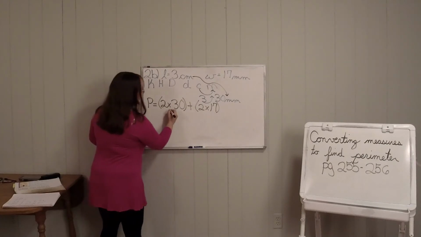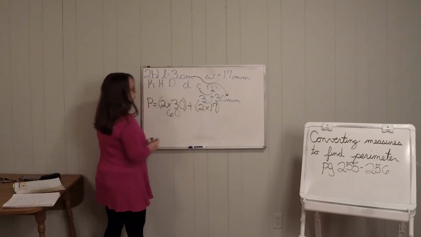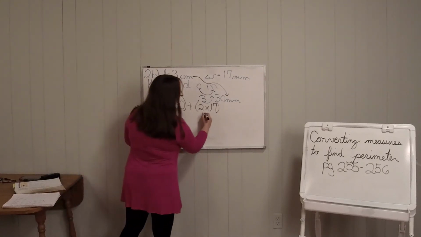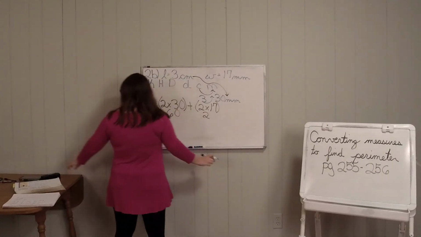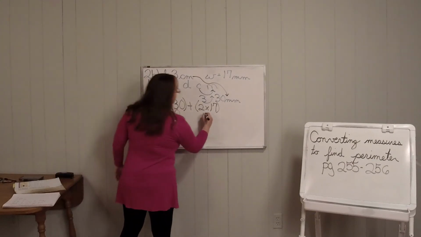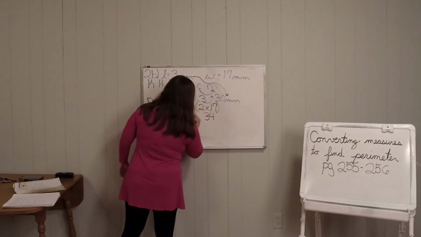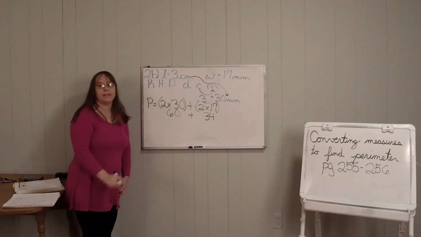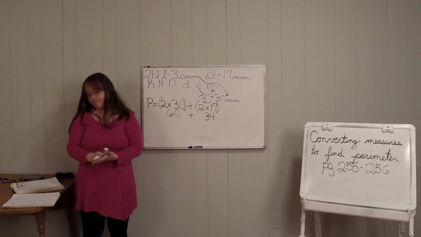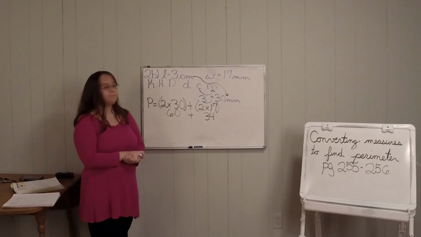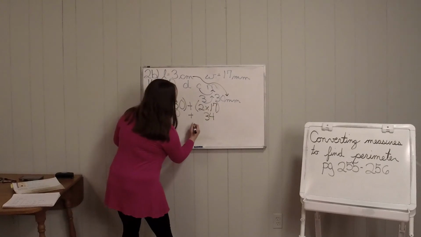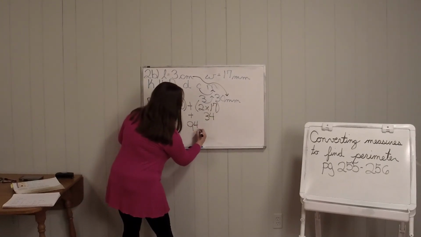You should have got 60 for 2 times 30. And you should have got 34 for 2 times 17. And then add 60 plus 34 together. And you should have got 94 millimeters as your perimeter.